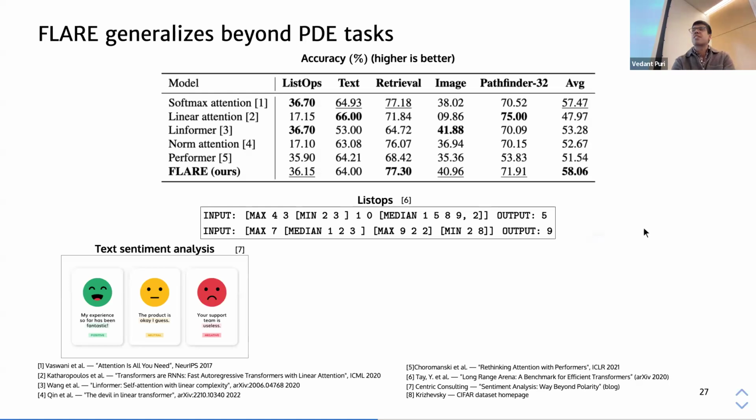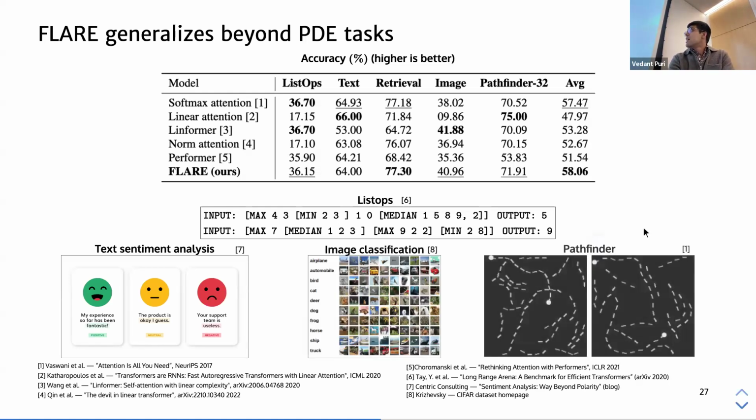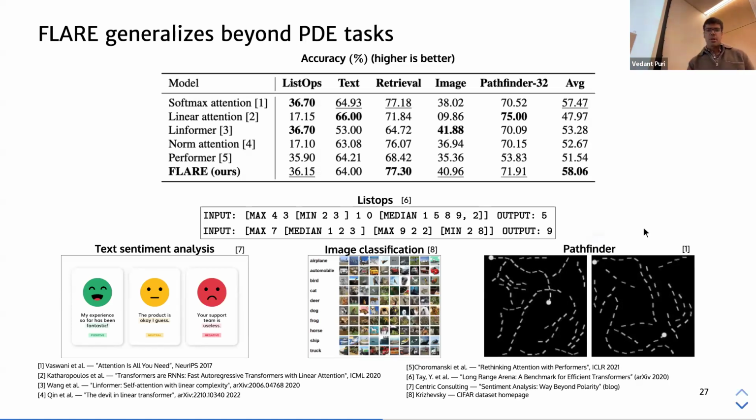On tasks such as text sentiment analysis, image classification, and also these visual logical problems where the model is tasked with finding out whether 2 points in this pixelated domain are connected by a line or they're not. You can see that among all of these, among all comparison models, Flare achieves the highest average score, indicating that this model is highly suited for these tasks.